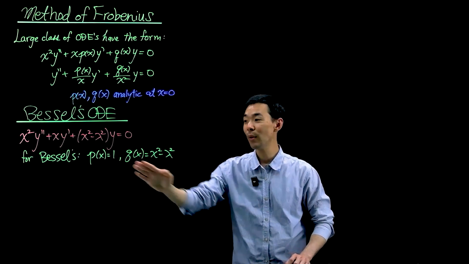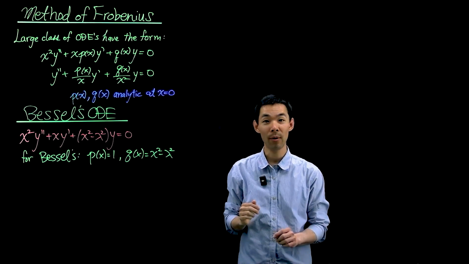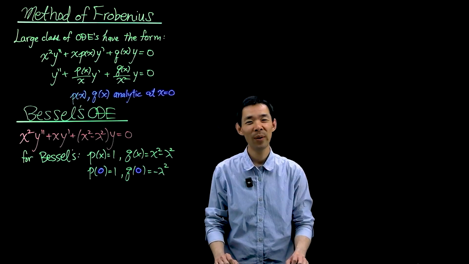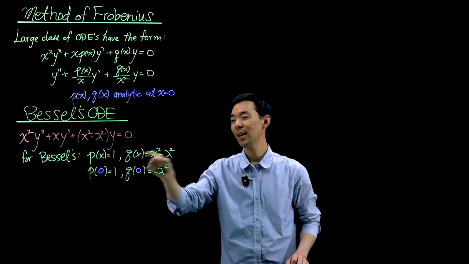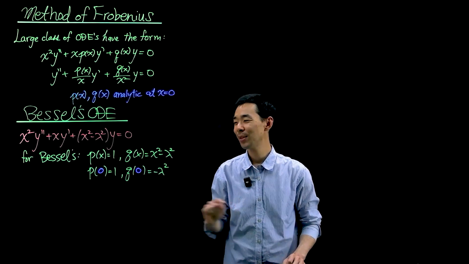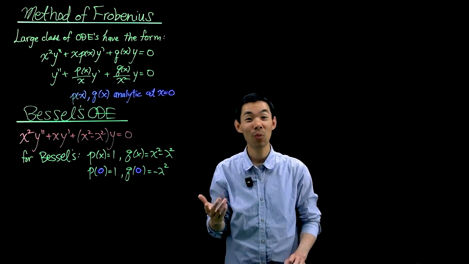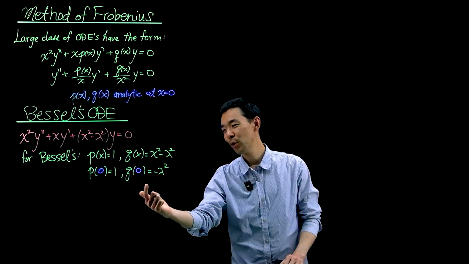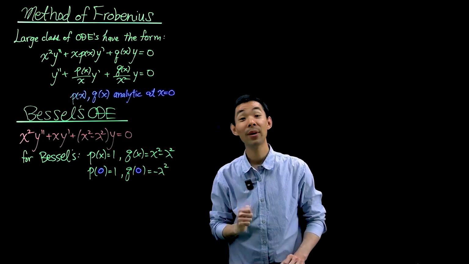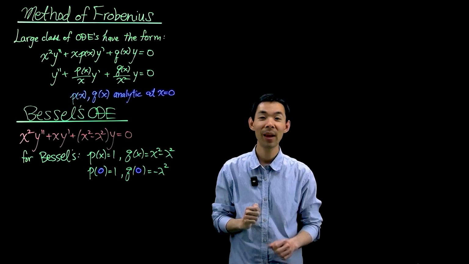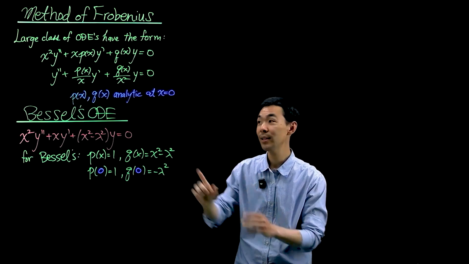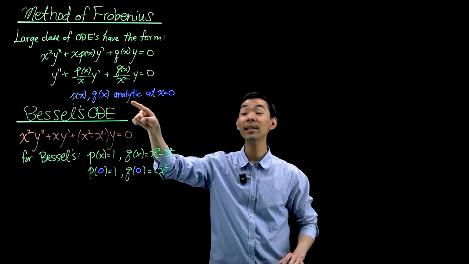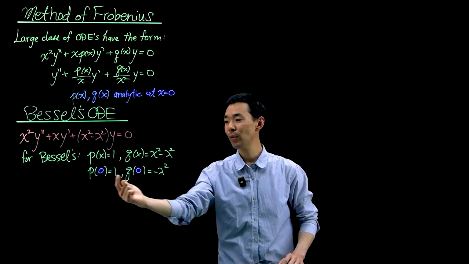Now we can evaluate P and Q at x equal to 0. So when we evaluate the P and Q coefficients at x equal to 0, P of 0 just becomes 1 because the function 1 doesn't vary with x. And secondly, Q of 0 just becomes this parameter negative lambda squared. Now, as advertised, P and Q are analytic at x equal to 0.